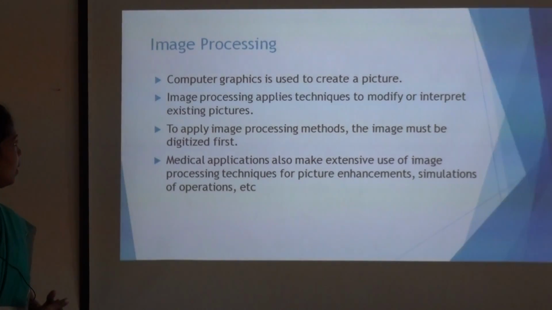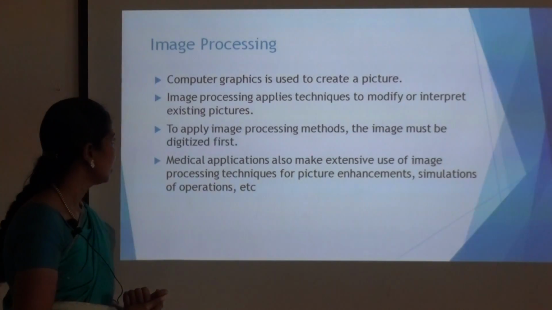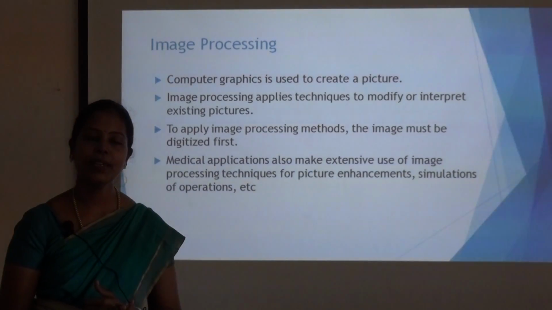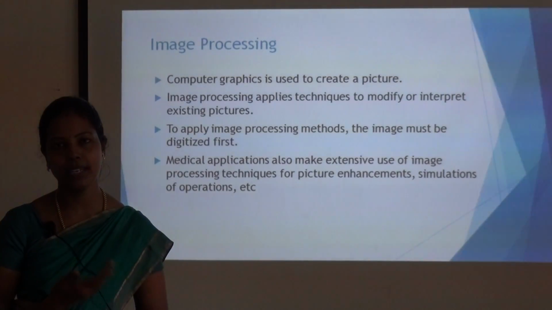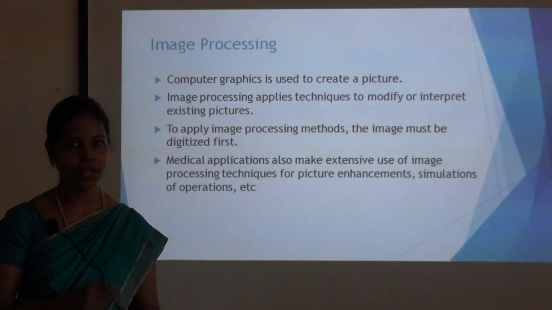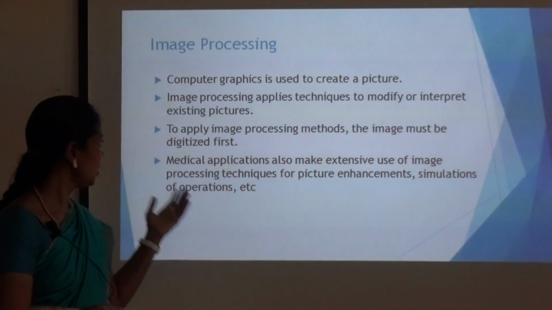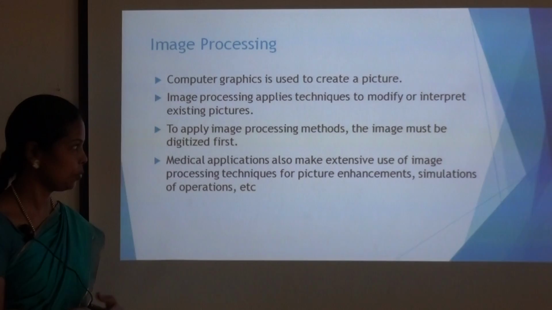Next is image processing. This comes into the major fields. Mainly we create an image. We take a photo, we create some pictures, but if we want that to be modified in the way we want, more realistic, then graphics is completely used here.